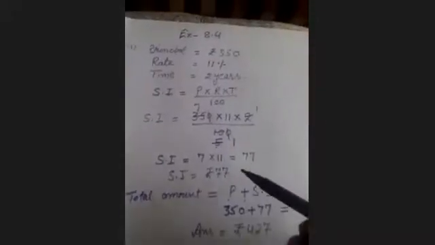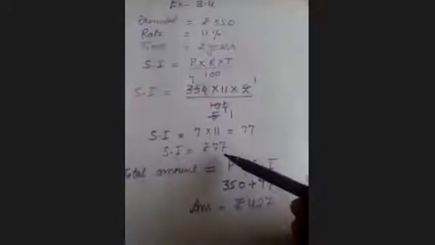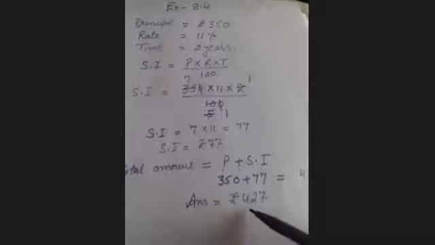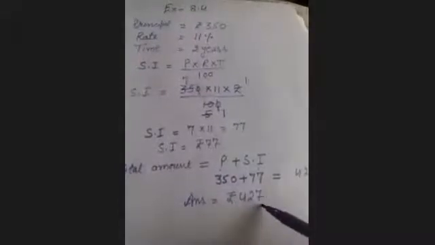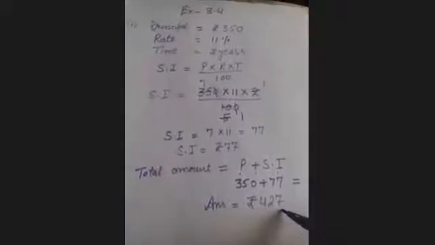Now in this first question, first part, simple interest is 77 and total amount is 427. Clear students?